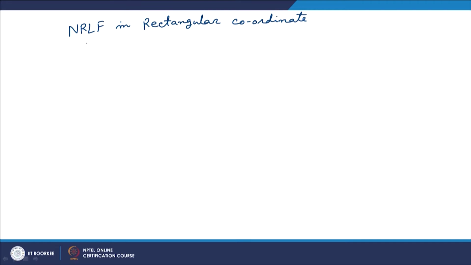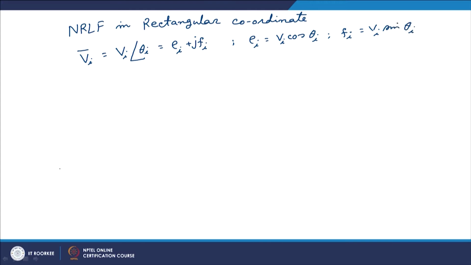When we say NRLF in rectangular coordinate, we denote, for example, Vi, that is the ith bus complex voltage, which we have already seen is given by Vi angle theta i. It can be written as Ei plus jFi, where Ei is Vi cos theta i and Fi is Vi sin theta i.